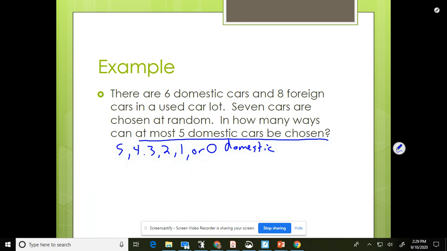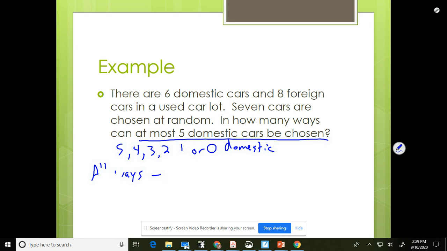5, 4, 3, 2, or 1 domestic. That's obviously a lot. What we could do instead of that is do always. So all of our possible ways, not caring what type of car, minus what we don't want. So minus the complement. So the complement of the 6, 5, 4, 3, 2, 1, or 0 would be 6 domestic.